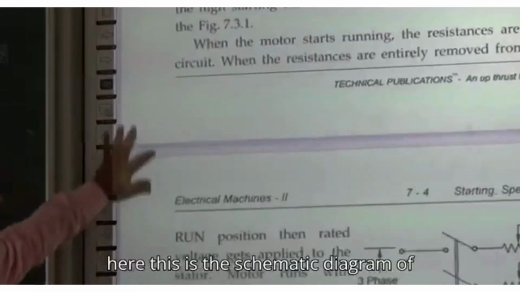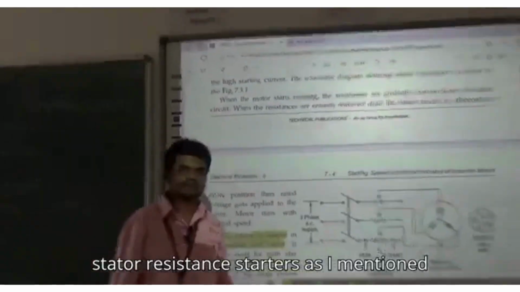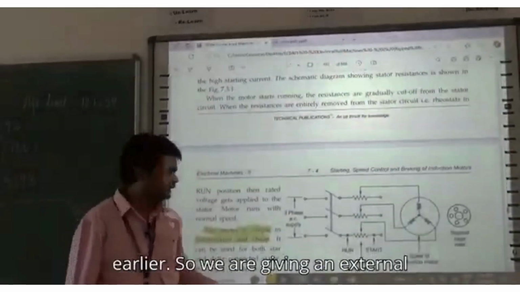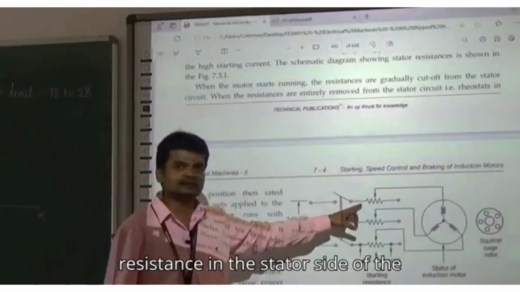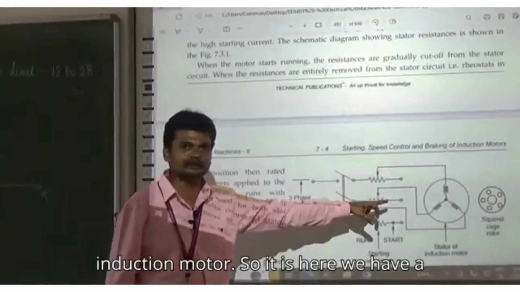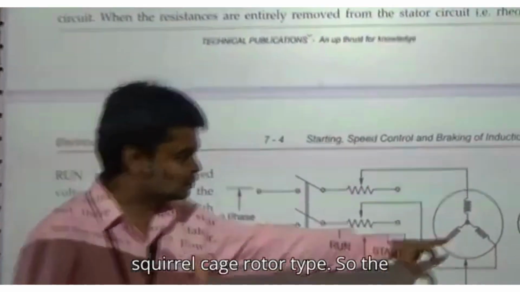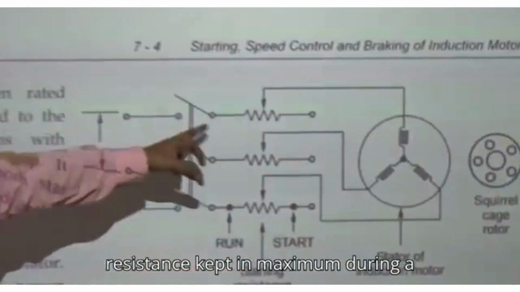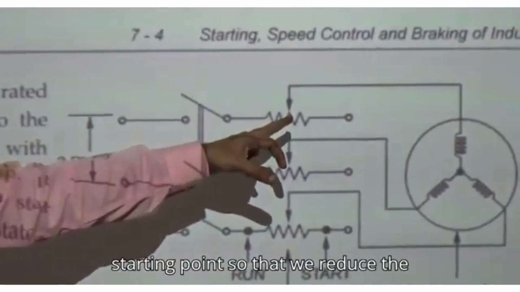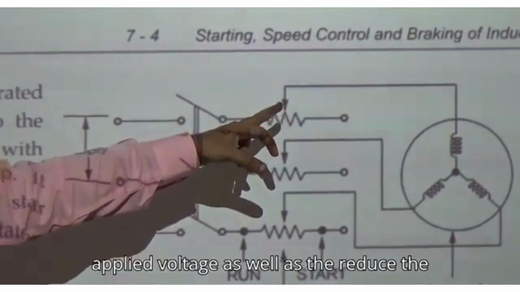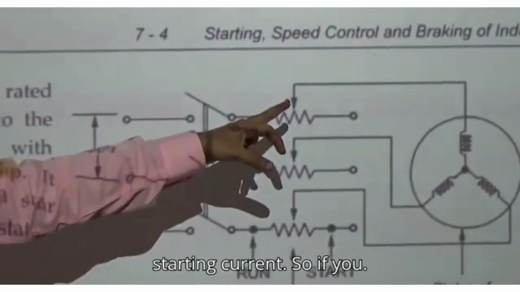Here is the schematic diagram of the stator resistance starter. As I mentioned earlier, we are giving an external resistance on the stator side of the induction motor. Here we have a squirrel cage rotor type. The resistance is kept at maximum during starting so that we reduce the applied voltage as well as the starting current.